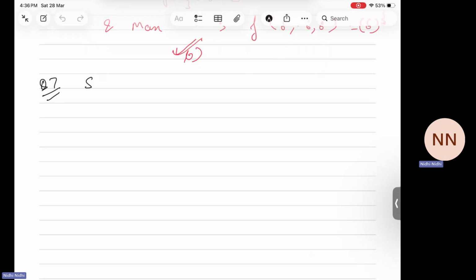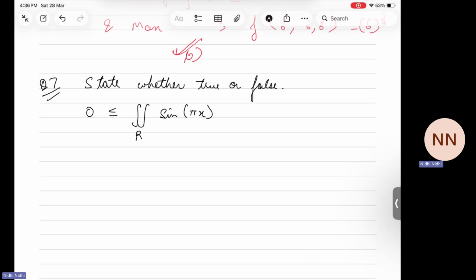Okay, state whether true or false: 0 is less than or equal to the double integral over region R of the function sin(pi x) times cos(pi y) dA, which is less than or equal to 1 by 32.